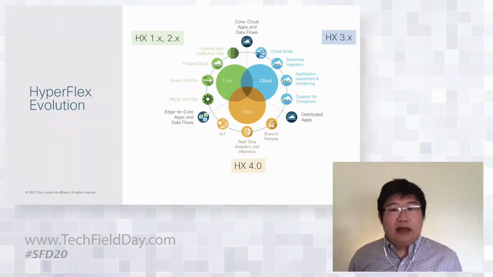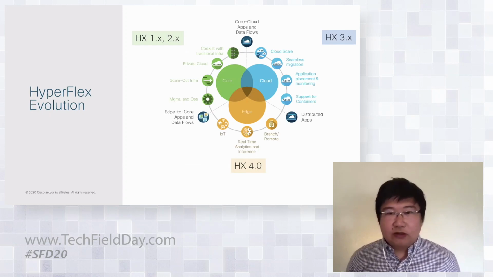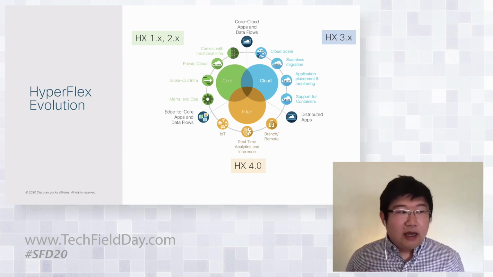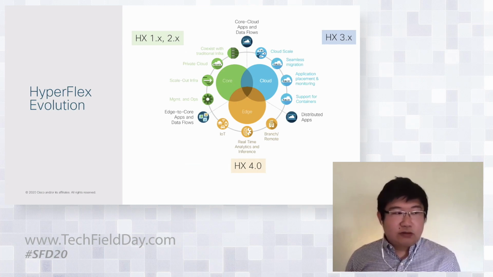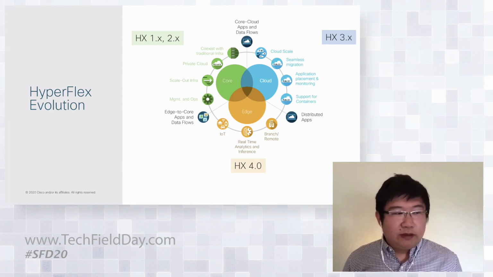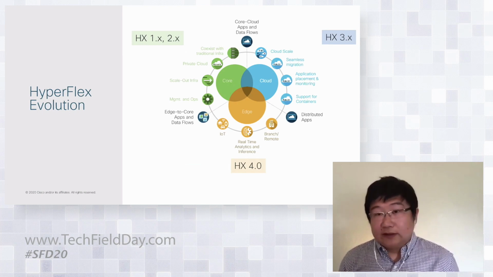And then if you walk to the left side of the spectrum, you can get down to what I would call device edge, and that end of the spectrum is not something that HyperFlex currently plays in. Then in the middle of that spectrum, there are places where I do want beefy compute and storage, I have use cases for that, but I can't fit a traditional x86 server.